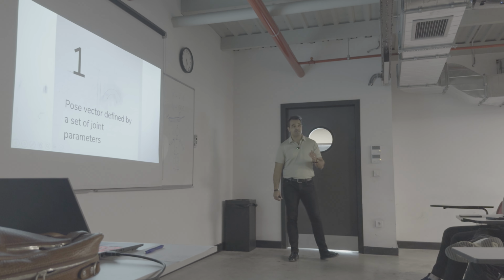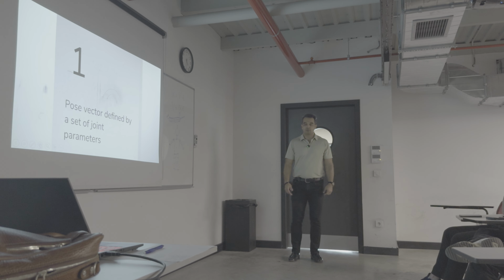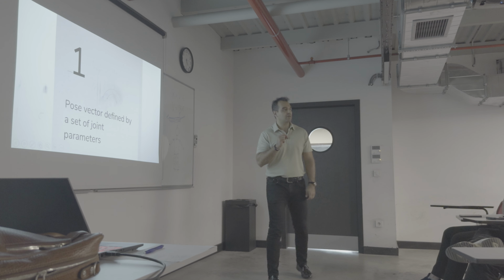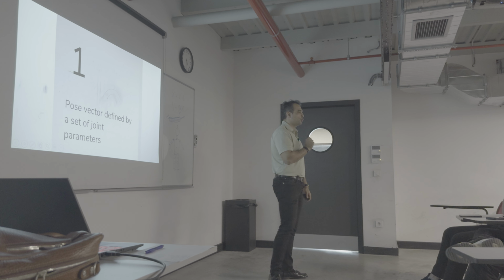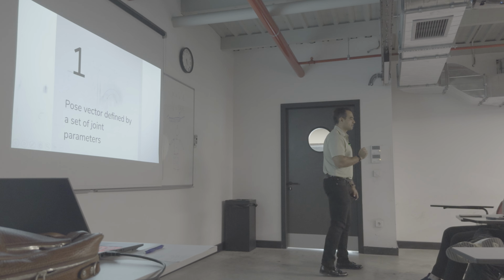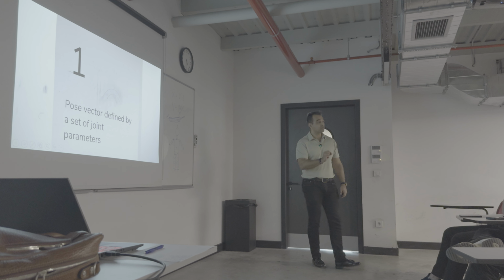And one pose vector is defined by a set of joint parameters. For example, standing still, one pose. Saluting, one pose. Sitting, one pose. And forward kinematics does not calculate any joint process in these poses.